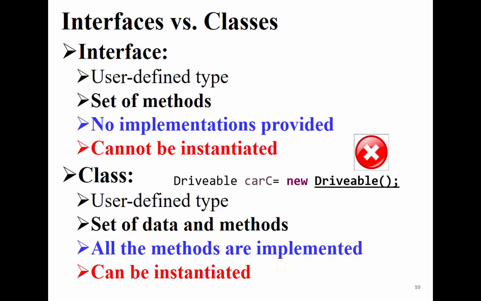Math is a class in Java where they do not allow you to create an object from it. It's not an interface. It contains some implementation for the methods, but we cannot create an object from that class. And by definition, whenever you create an interface, you cannot create an object from that interface.